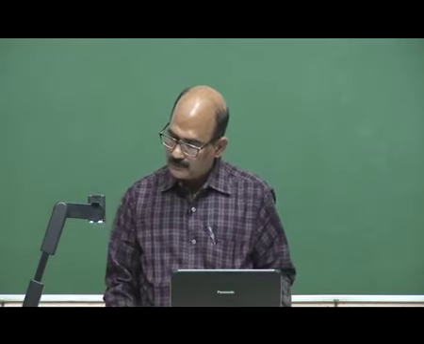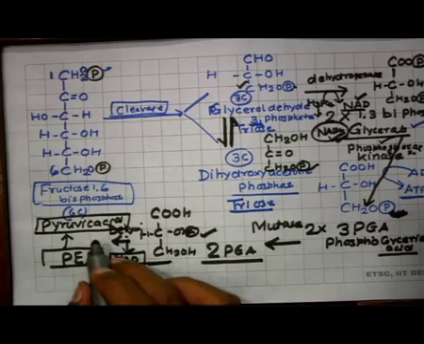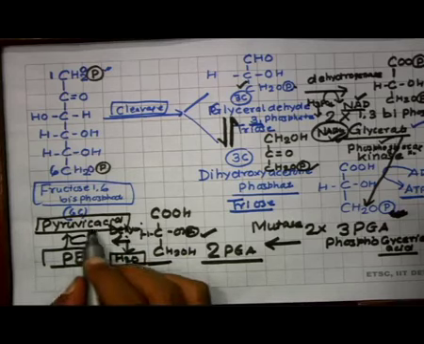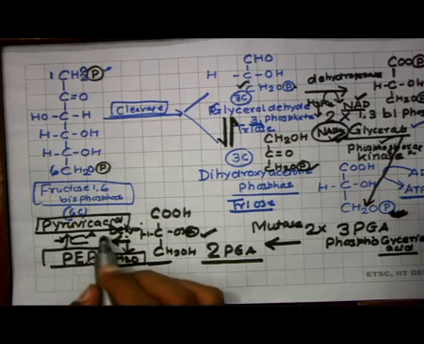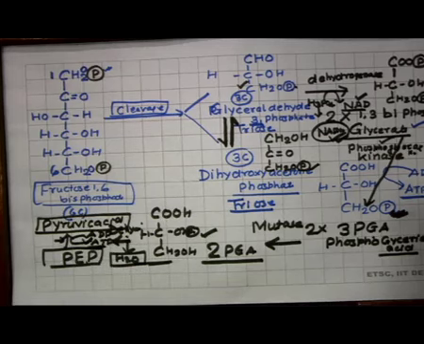At the time when PEP is converted into pyruvic acid, it also releases a phosphate molecule, which converts ADP into ATP. So, 2 ATP is also formed here.